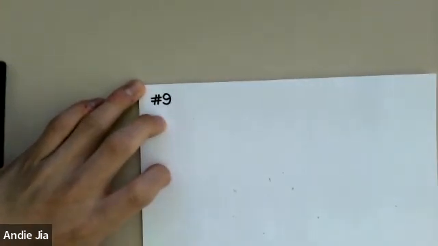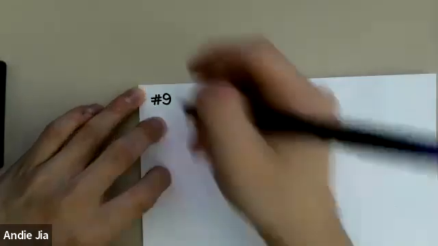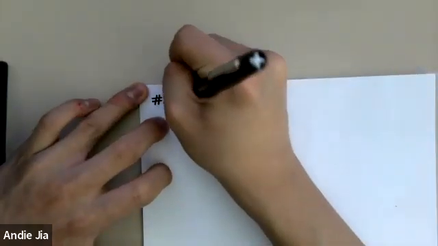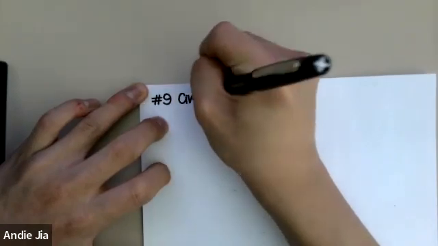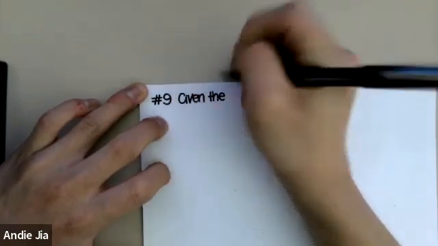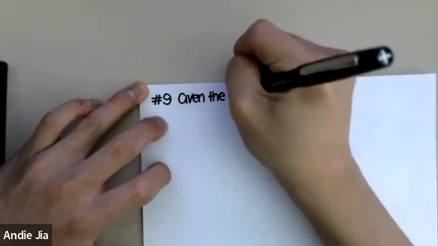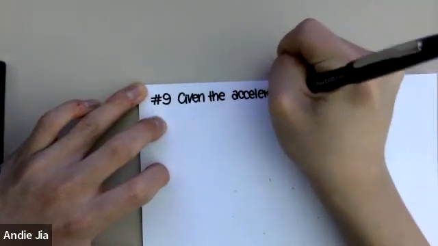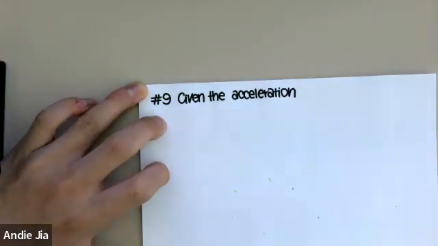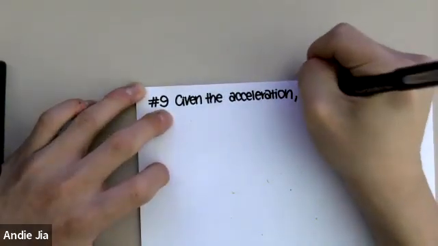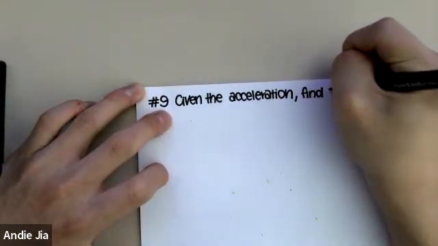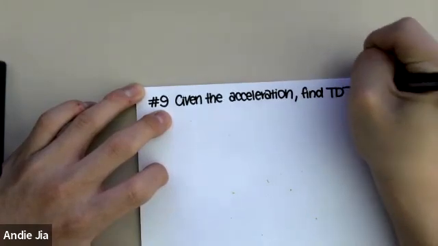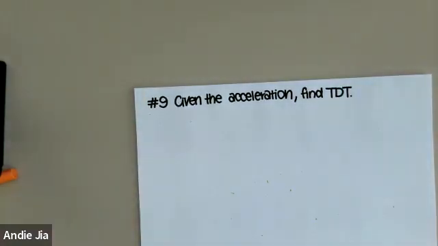We're given the acceleration and the initial velocity. Find total distance traveled, TDT.